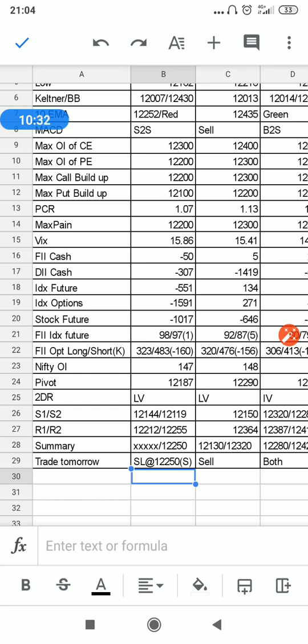Similarly, if the market goes towards 12,250 or 12,220, we should not immediately go short. First the market should go there and stop going further, and it should show some kind of reversal. So that's all. Tomorrow's plan is again to go short on rallies, keeping in mind 12,130.